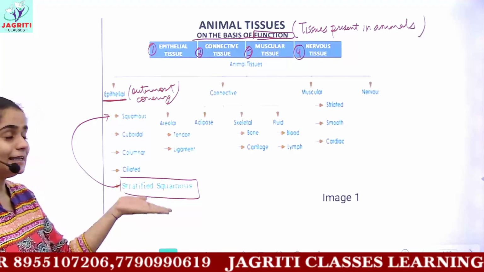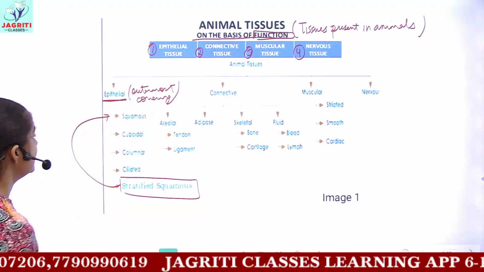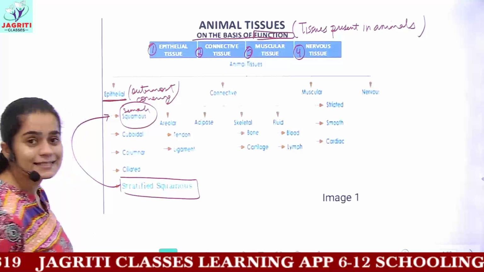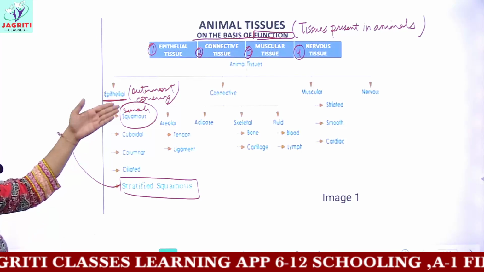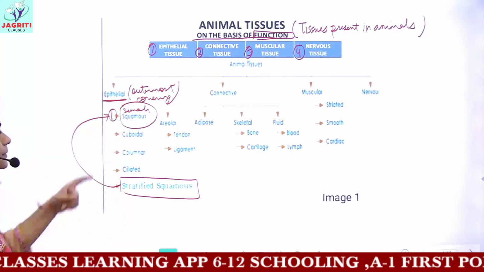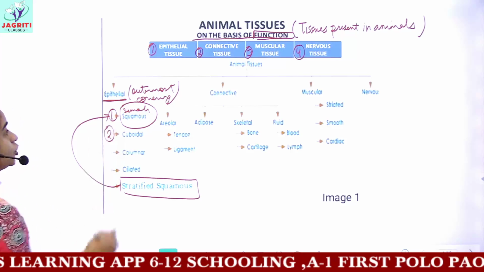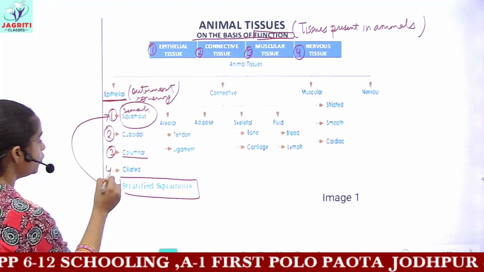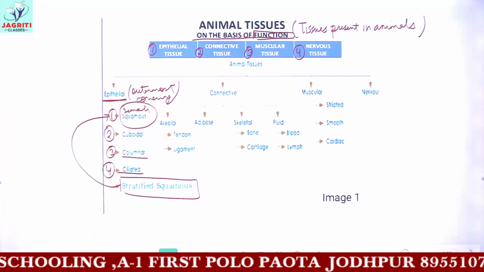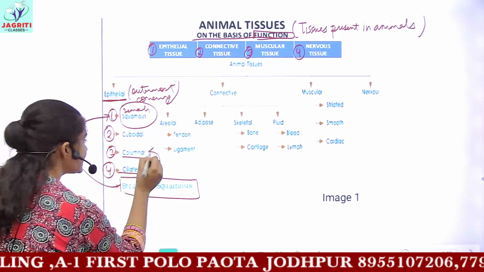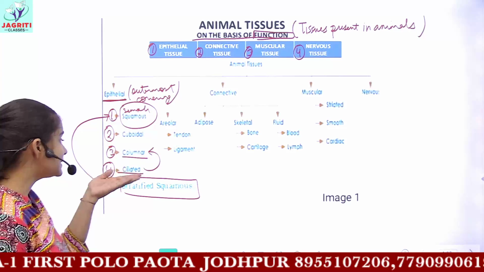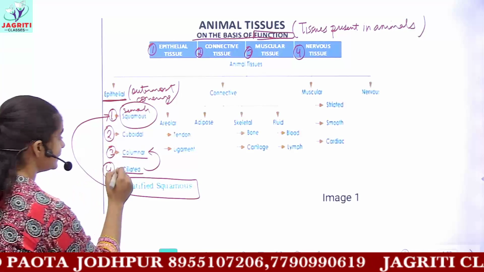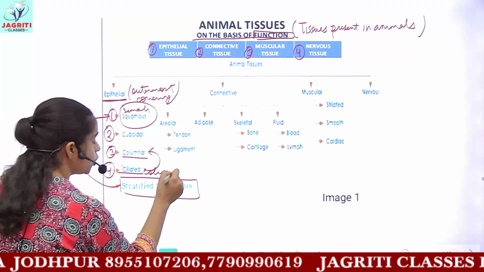This last category is a subgroup of squamous, and you can also call it simple squamous epithelial tissue. So you have 4 different categories. The first one is simple squamous, then you have cuboidal epithelial tissue, the next would be columnar, and the fourth one is ciliated. Or this also we can study as a subgroup of columnar, because ciliated means when you have cilia on your columnar tissue, then it is called ciliated columnar tissue.